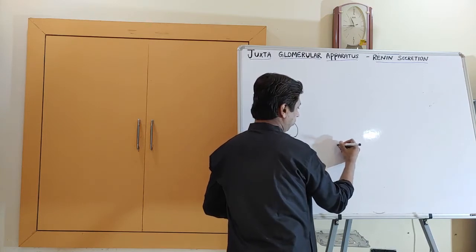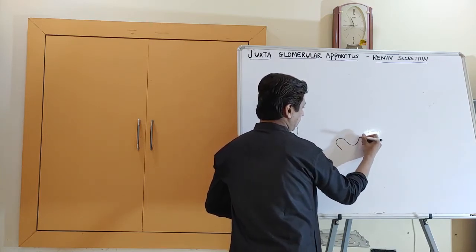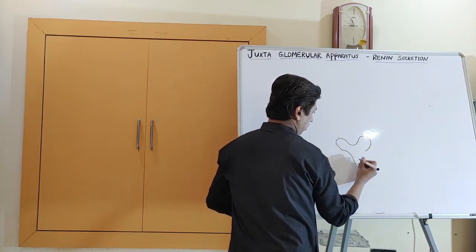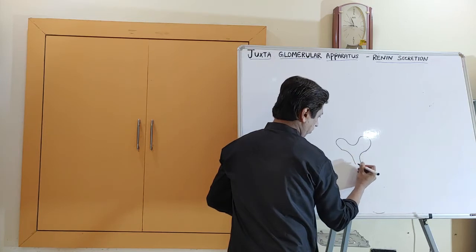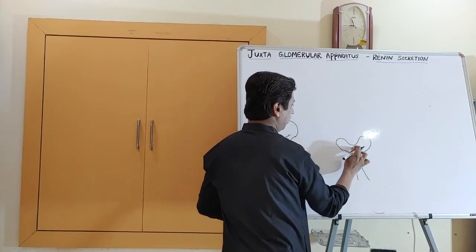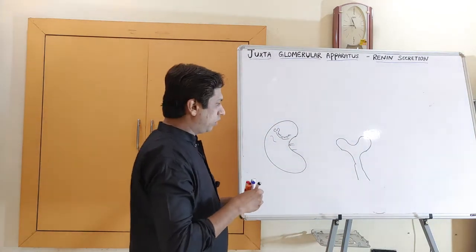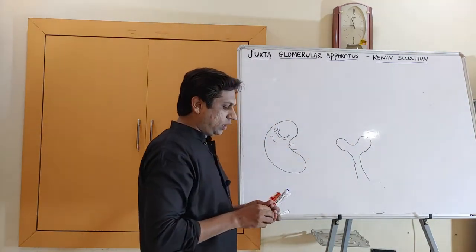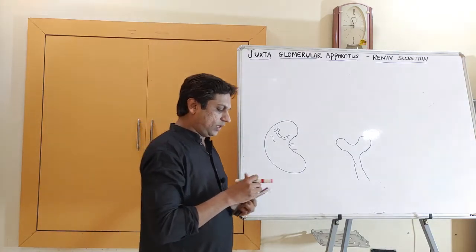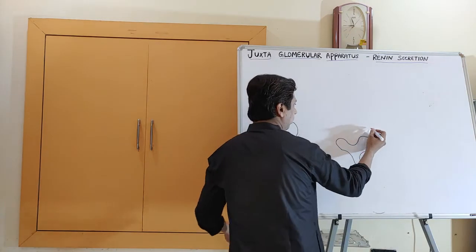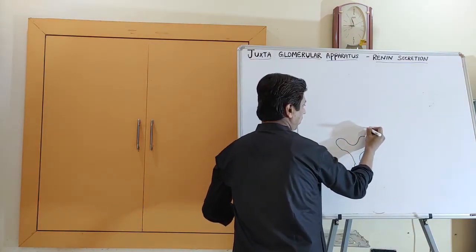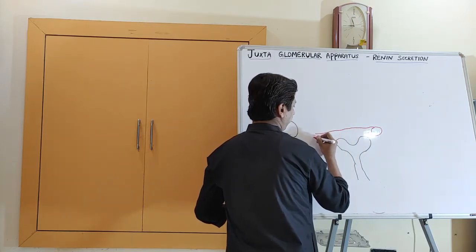This consists of the glomerulus and the tubular structure. The renal glomerulus consists of the glomerular tuft and the Bowman's capsule. What I have drawn is a Bowman's capsule of a nephron. I will draw the glomerulus. Basically it consists of capillaries, these blood vessels, the afferent arteriole and the efferent arteriole.